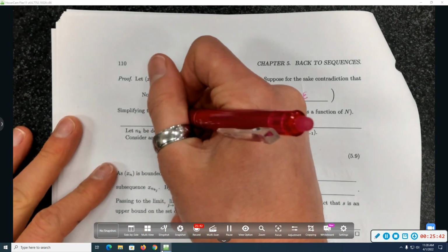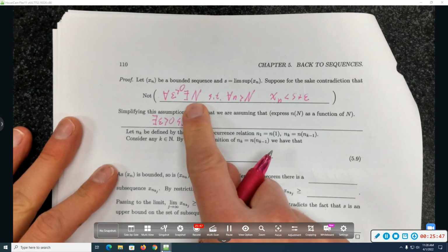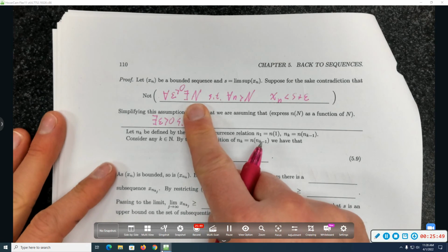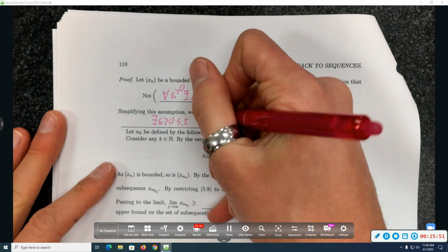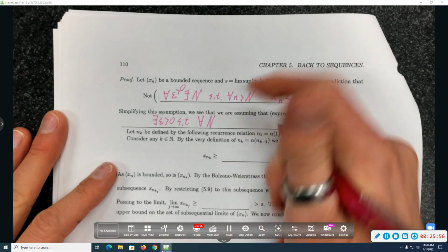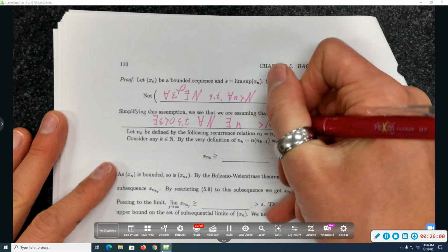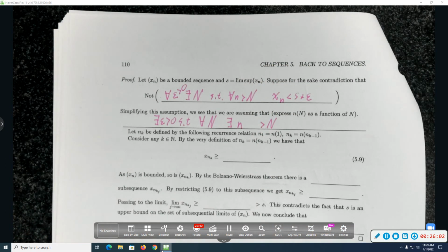So there is some epsilon bigger than 0, such that the existential becomes a universal: for all big N, there exists a little n bigger than big N. I'm giving myself that space because I'm going to think of little n as being a function, so that little n is allowed to depend on the choice of big N.